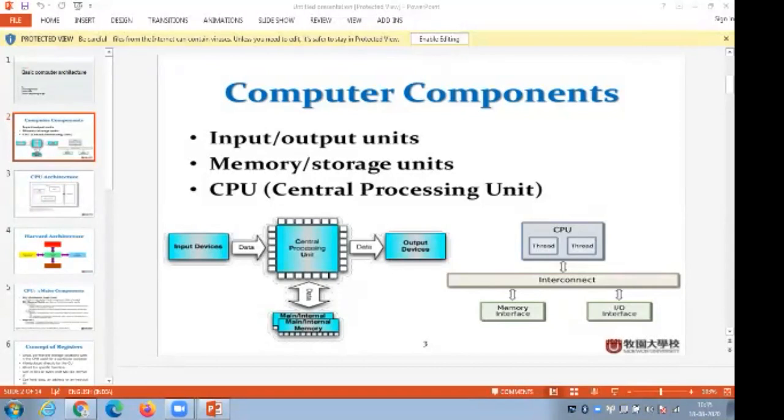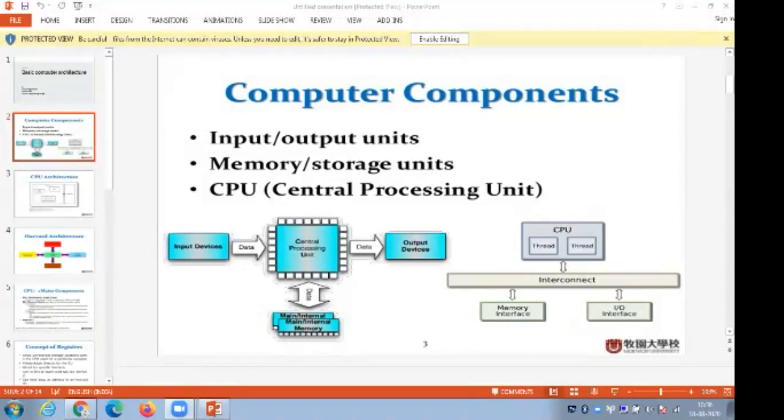The diagram shows you clearly the CPU in between, and the main memory, or internal memory, shown down. In the left part we have the input devices, and on the right side the output device.